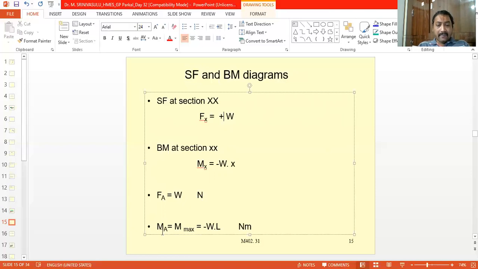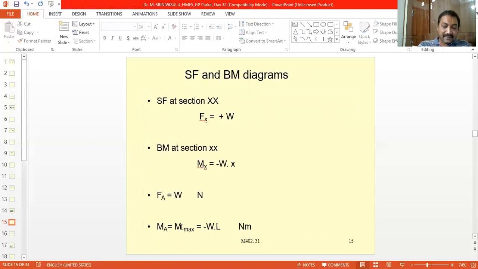Similarly, the bending moment Ma is equal to, here at point A, what is the length of the beam?